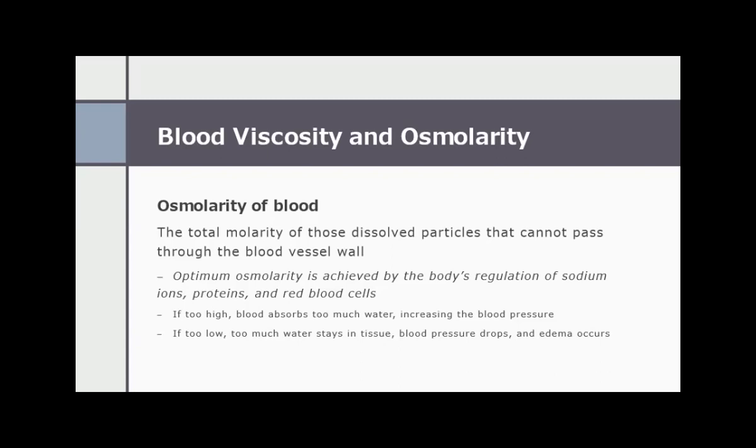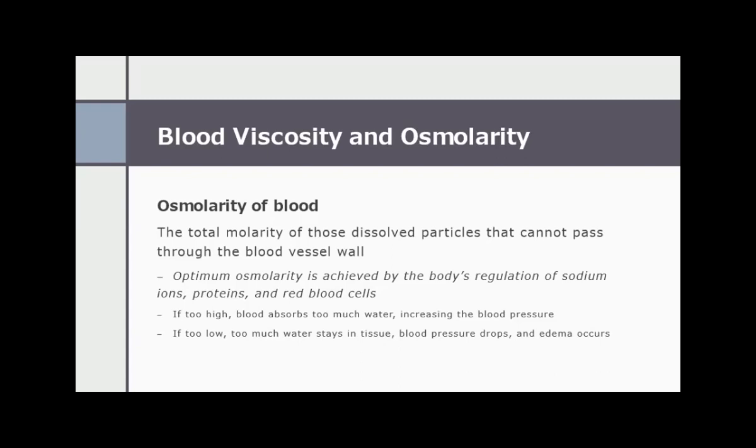Osmolarity, going back to our buddy sodium, is controlled through a combination of those sodium ions, your proteins, and your red blood cells. They all interact to allow for flow. Osmolarity and viscosity go hand in hand in the body.